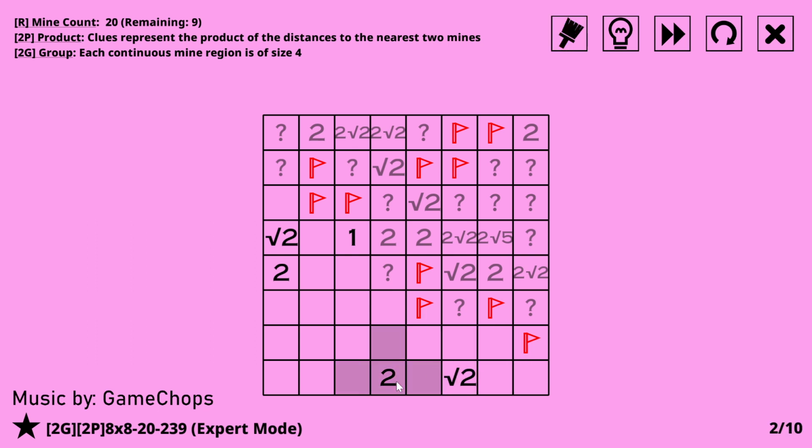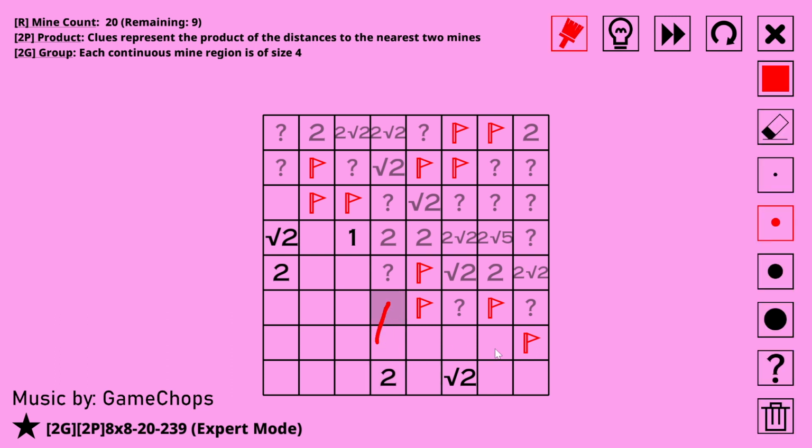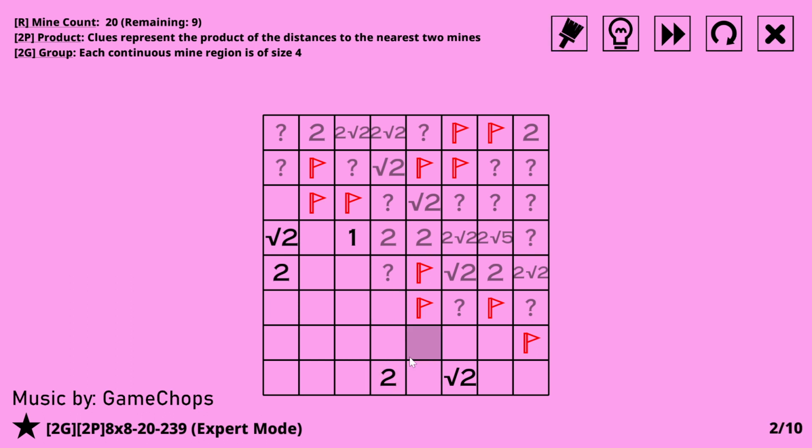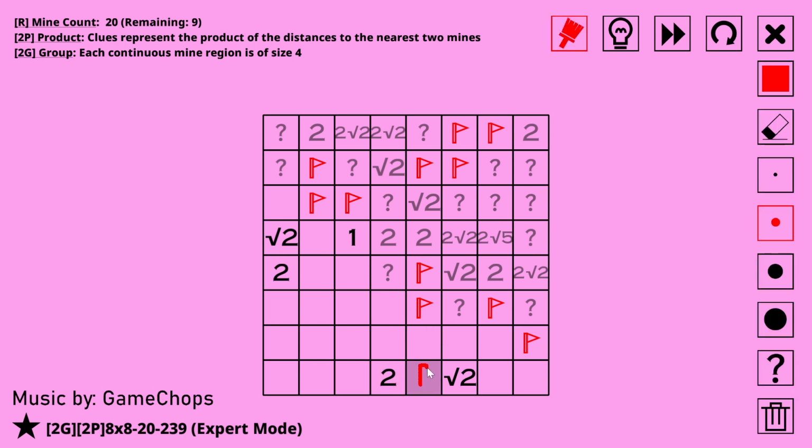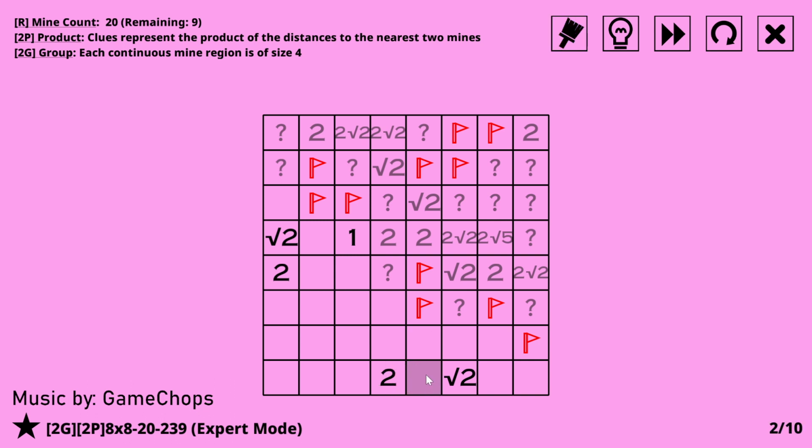I don't know. 2 is either 2 times root 2 again, or it's 1 times 2. It could be both of those. Right, if this is a mine, this can't be a mine. If this is a mine, then because this must be 1 times root 2, then 1 times 2, this can't be a mine anymore, which isolates it.